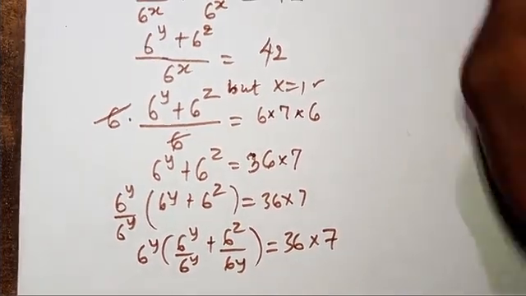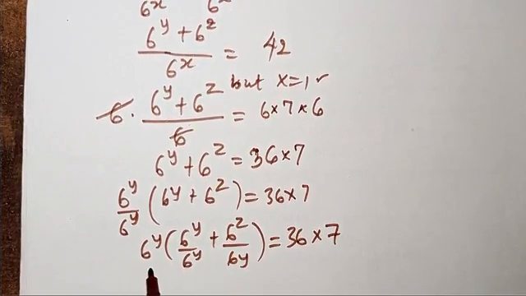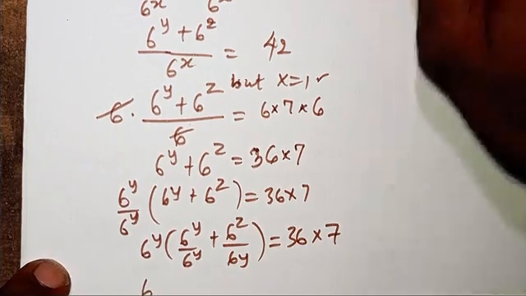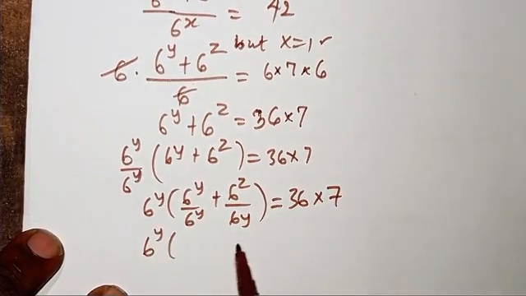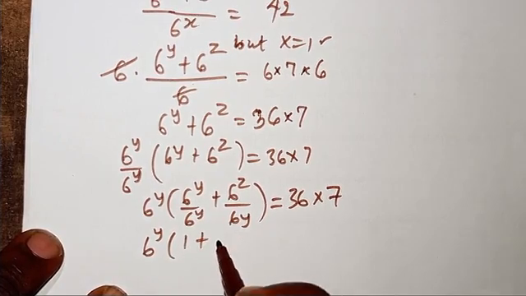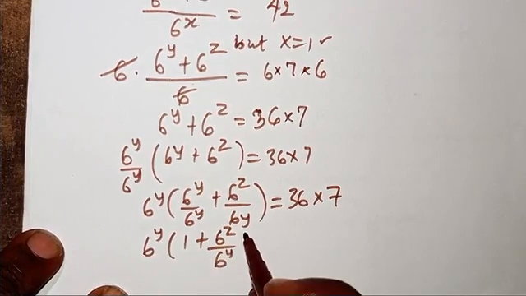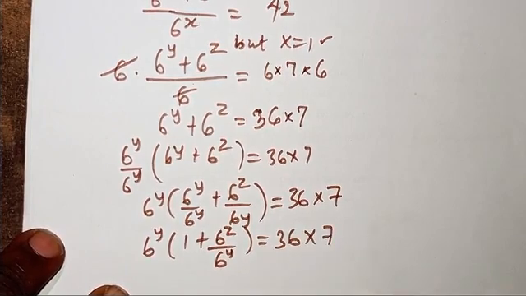So now we can see that we have tried to factorize this side. So now we see that we have 6 to power y into bracket 6 to power y divided by 6 to power y, we have 1 plus 6 to power z over 6 to power y equals 36 multiplied by 7, right?